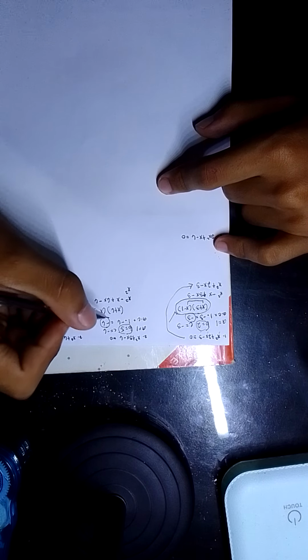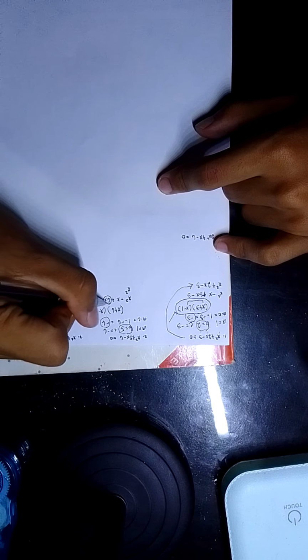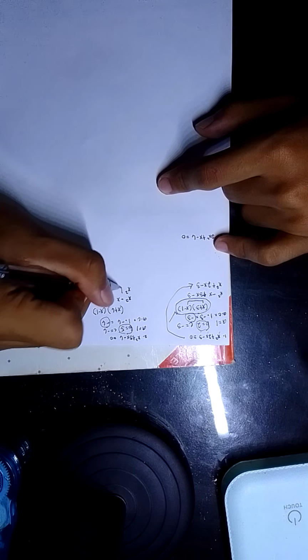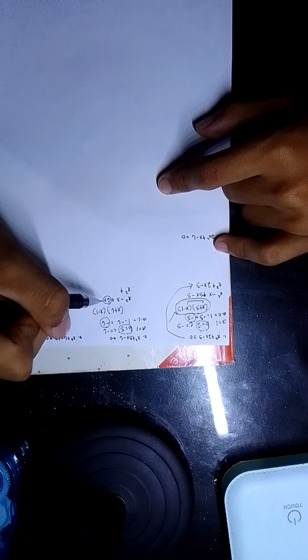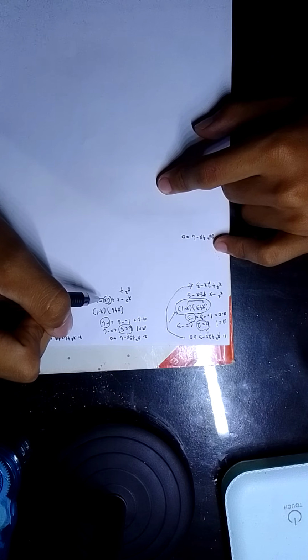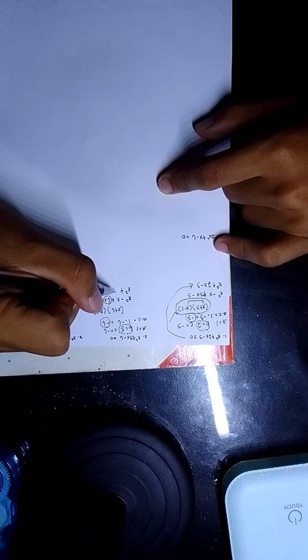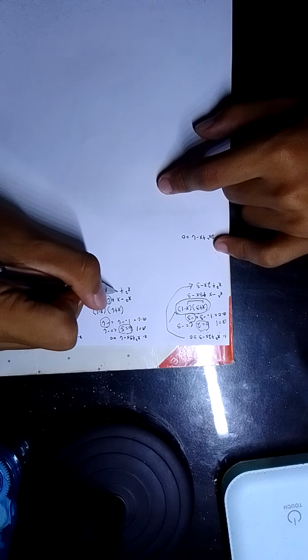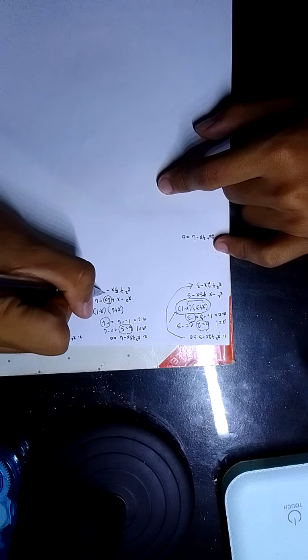They have different signs, so we're going to subtract them. Hence, positive is bigger, so we're going to use the sign positive. Negative x plus positive 6x, the answer is 5x minus 6.